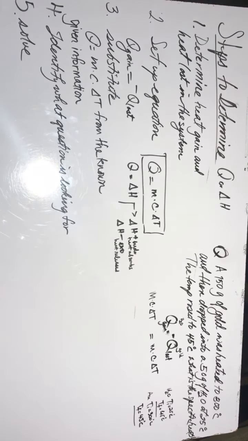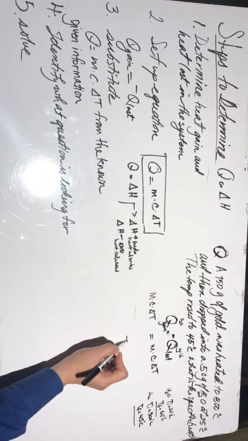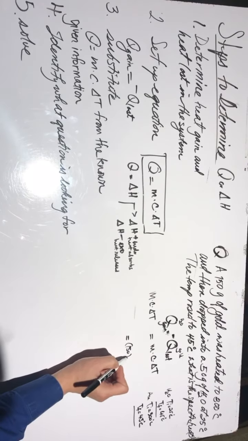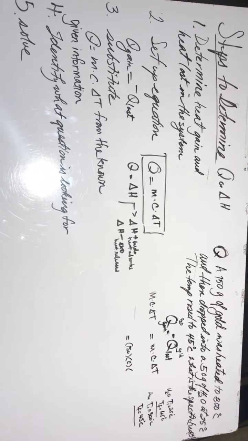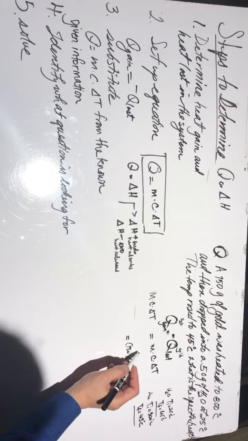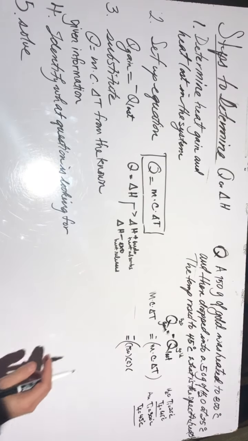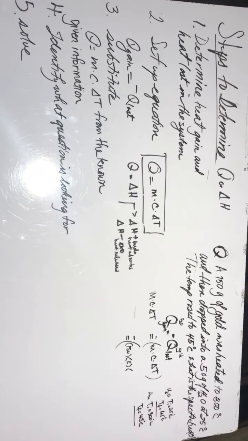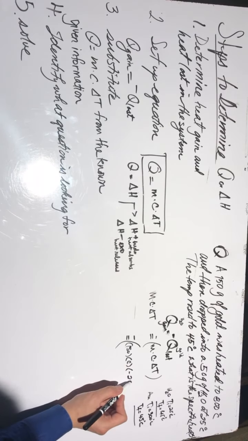Now I'm going to substitute the known values. So this is the mass of gold. The mass of gold should be over here. The specific heat of gold, that's what we're looking for. Then I'm just going to do the difference between the temperatures right here, so that would be negative 255 Celsius.